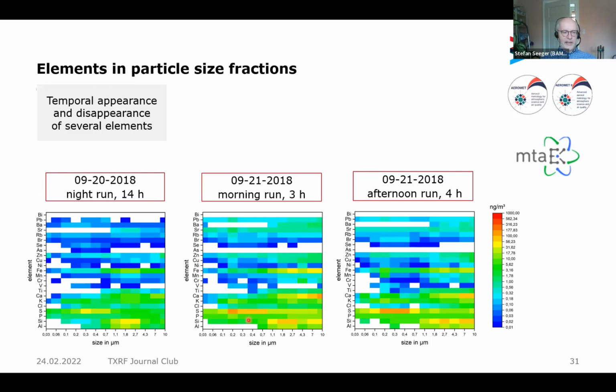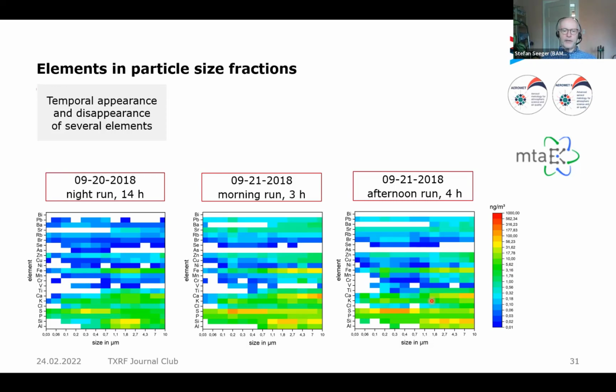So, for example, sulfur here, and also silicon and other elements will come up stronger in concentration during the day. That is quite a nice result, which shows the ability of this method really to follow the chemical changes in an aerosol over time.